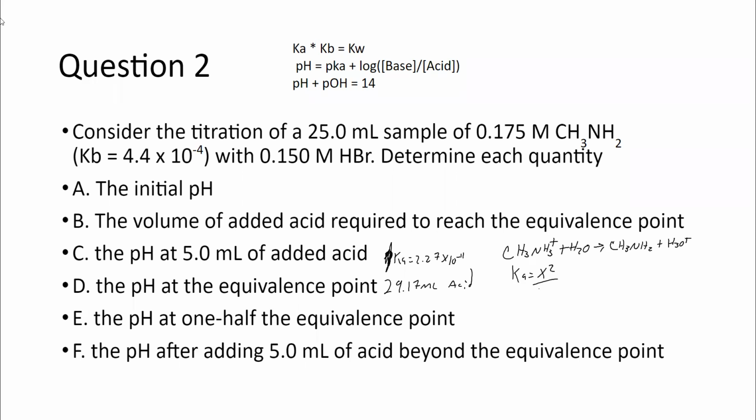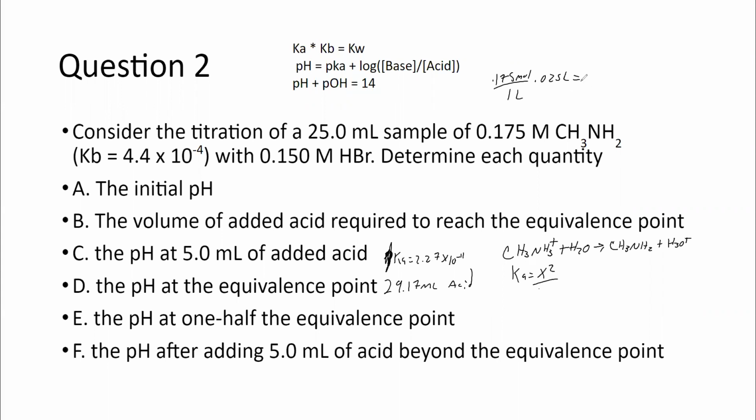So let's go back to our calculation. I've got to find out how many moles I have again. Remember, for the base, I started with 0.175 moles per 1 liter, times that by my volume.